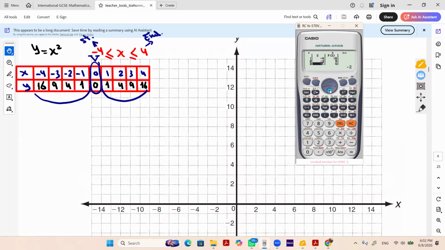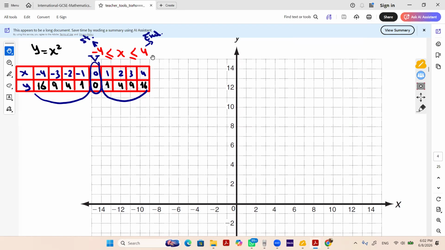Move down. When x is negative 1, y is 1. When x is 0, y is 0, and so on. When x is 1, y is 1. When x is 2, y is 4. When x is 3, y is 9. When x is 4, y is 16. So we can form the table from the graph or from the calculator the easy way. Okay?